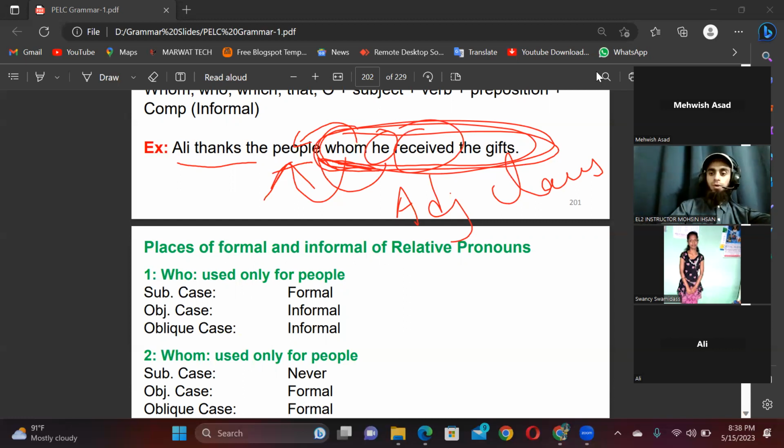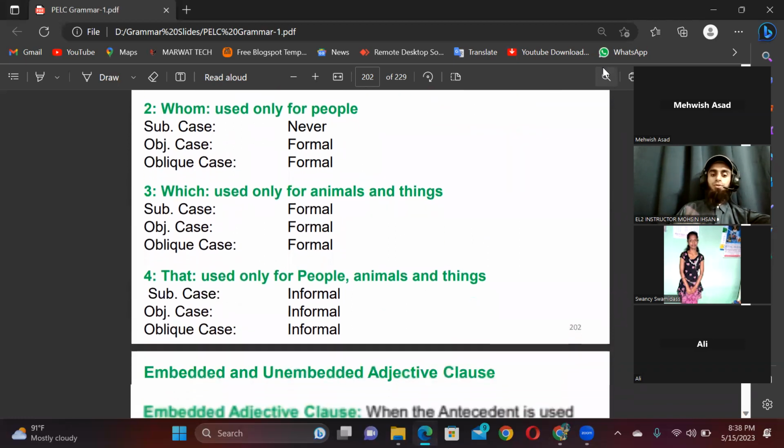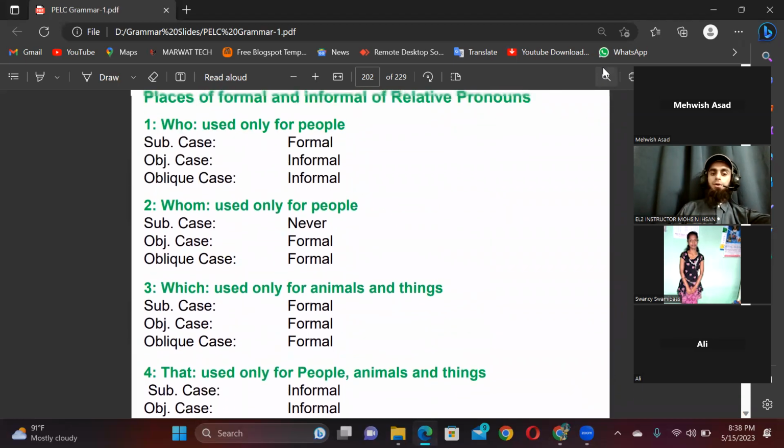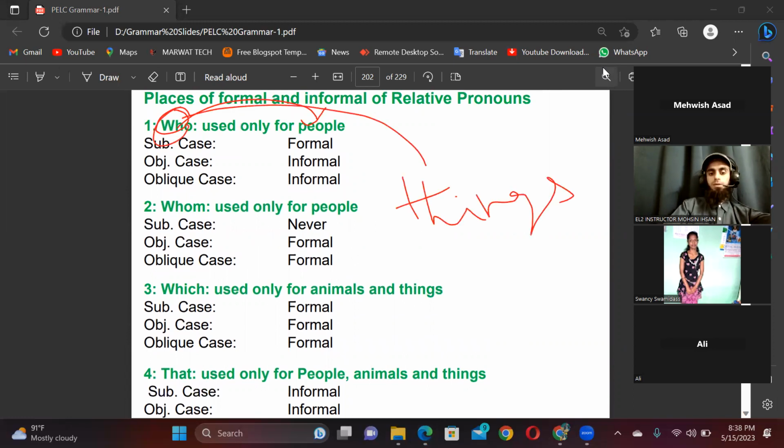So here you have a few differences regarding the words which can be used in an adjective clause, and for which thing you are supposed to use them. Who we use for people; who we don't use for things.